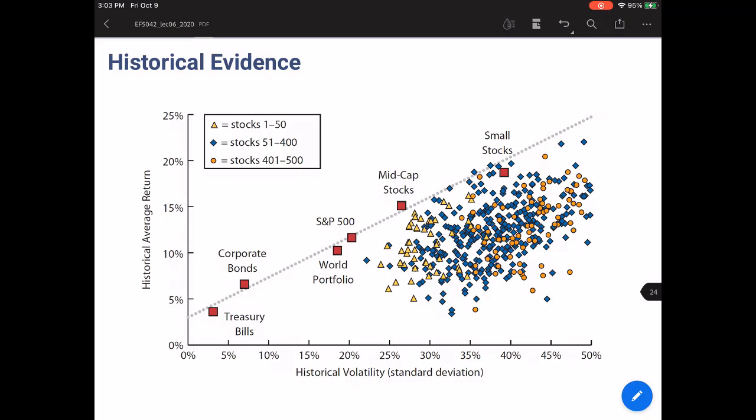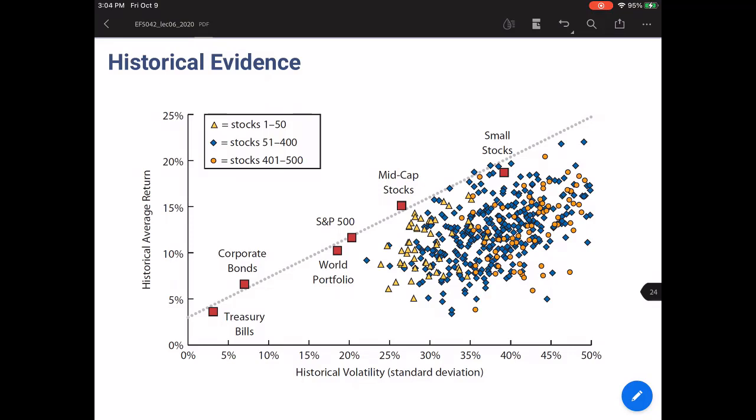That's represented by the yellow triangles. The blue squares are stocks in the top 50 to top 400, and the orange represent stocks or firms that are in the top 400 to 500 stocks.